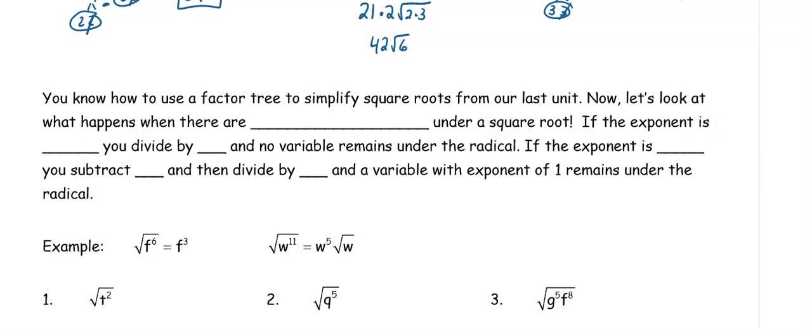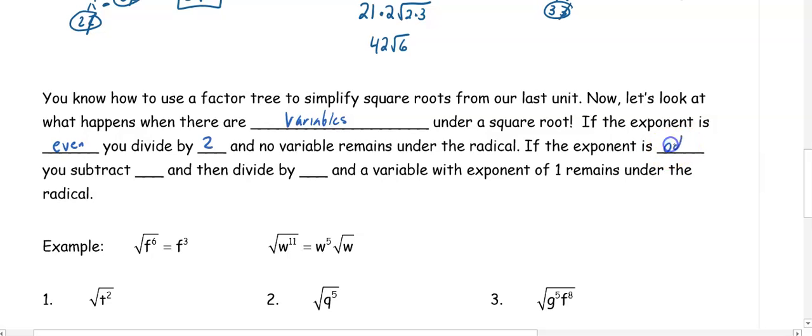So we know how to already factor tree to simplify square roots from the last unit. Now we're going to look at what happens when there are variables under the square root. If the exponent is even, you are just going to divide by 2, and there's no variable that remains under the radical.